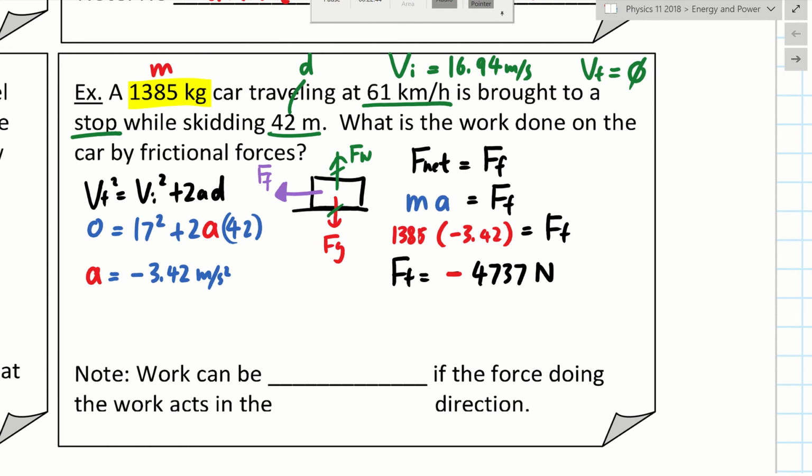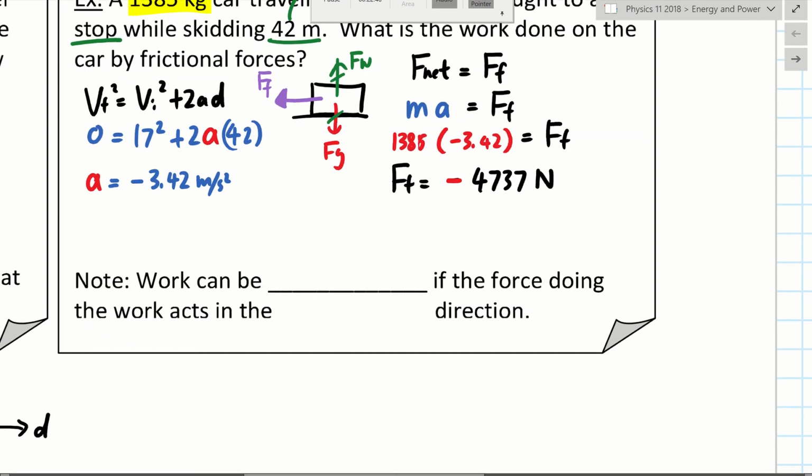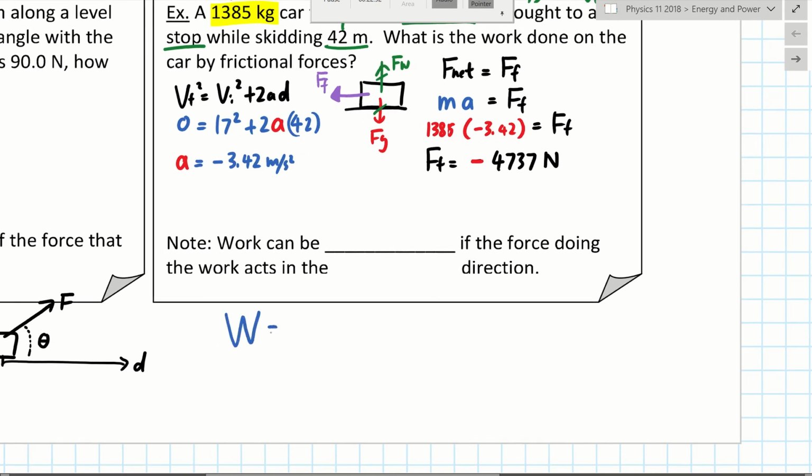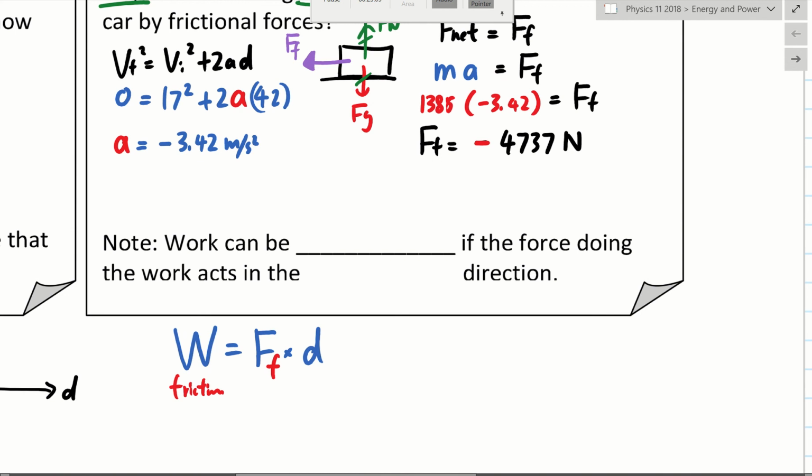Now, remember, work done. So finally, we can do work done. So let's do it down here. Maybe you run out of space. So work done is force times distance. So work done by friction will be friction force by distance. So work done by friction is force of friction times distance. Okay, so we have force of friction already, negative 4,737.